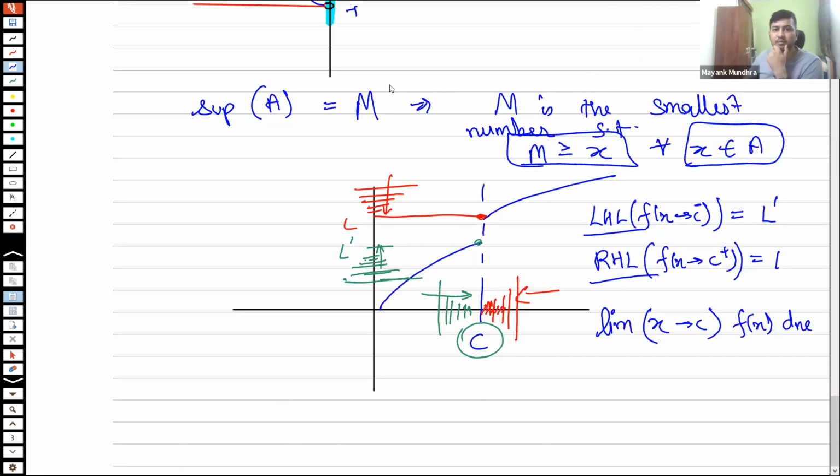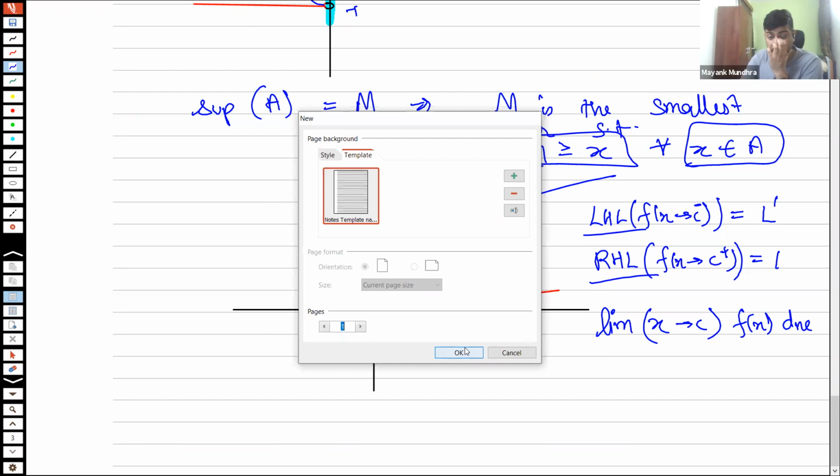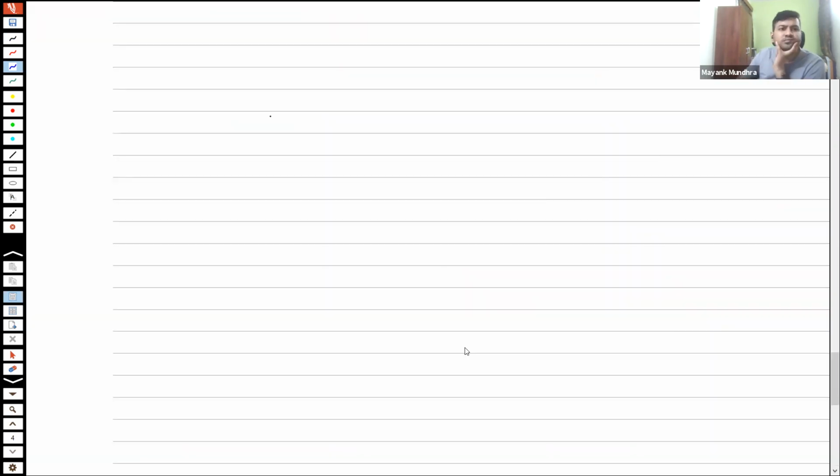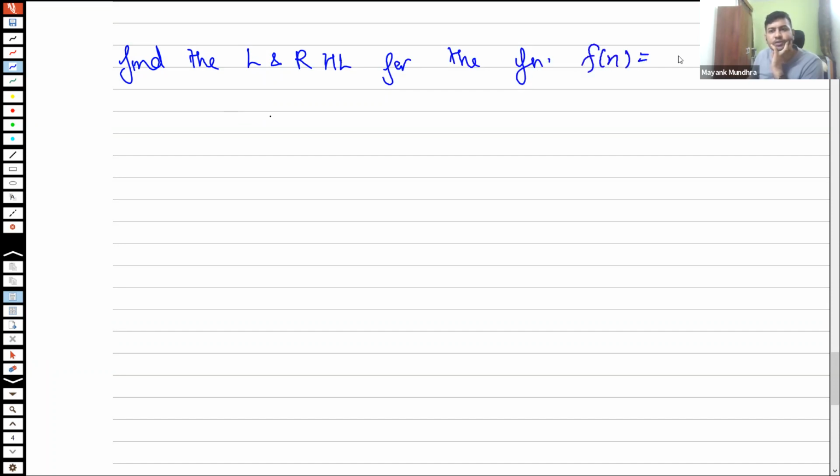So let's do an example here. Find the left and right hand limits for the function f of x equals x square by x.